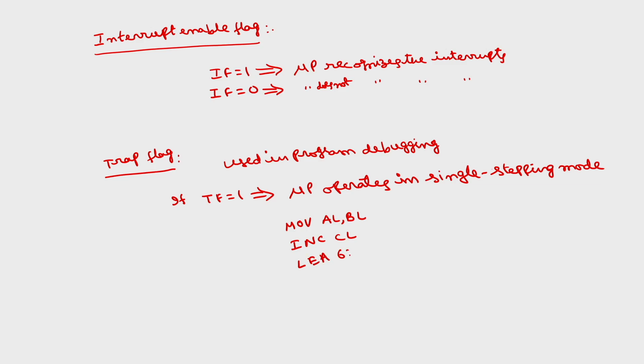If I set the trap flag to 1, first it will execute the first instruction. After this instruction, the microprocessor will be interrupted. After execution of each instruction, the microprocessor is interrupted.